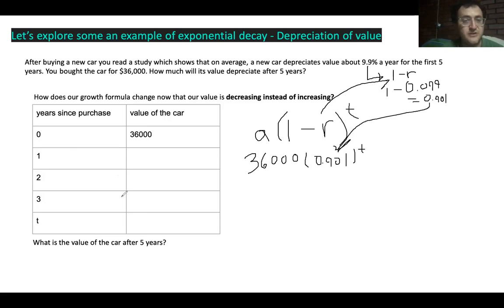So let's say I want to do it after, now I'm just going to put a general formula here, 36,000 times 0.901 to the t. If I want to do after 1 year, I could just do 36,000 times 0.901.